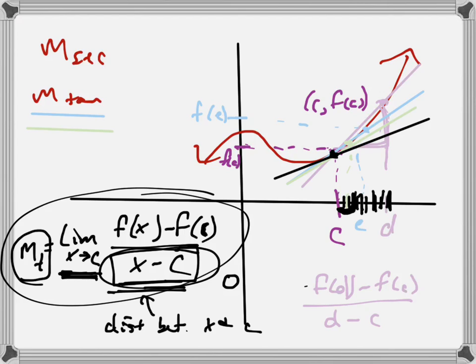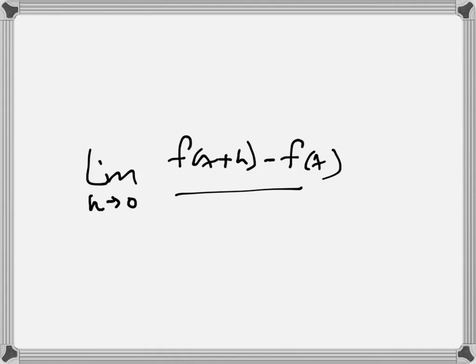Hopefully that helps you understand what these formulas are really after. This is just a slope formula. It's rise over run, but the value down here is getting closer to 0. The other one that you've seen says this: the limit as h goes to 0 of f of x plus h minus f of x all over h.